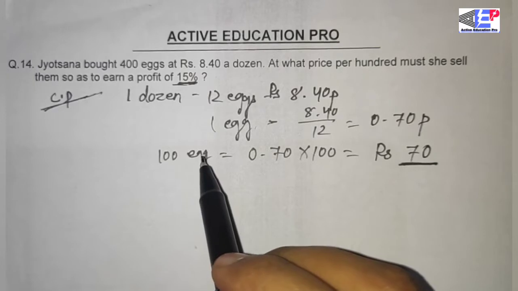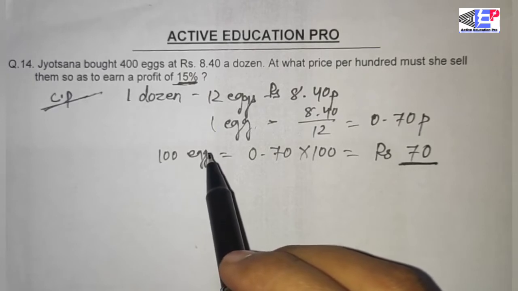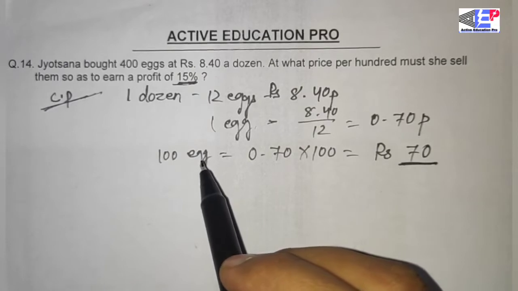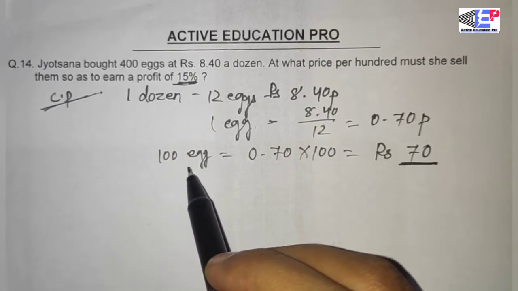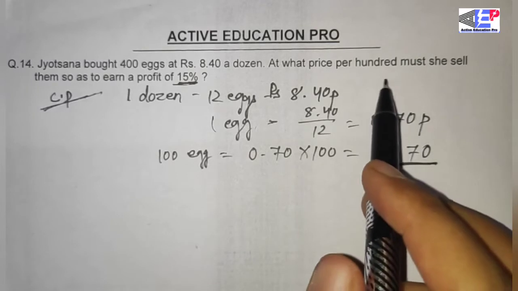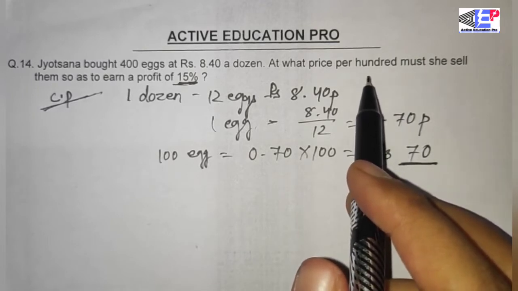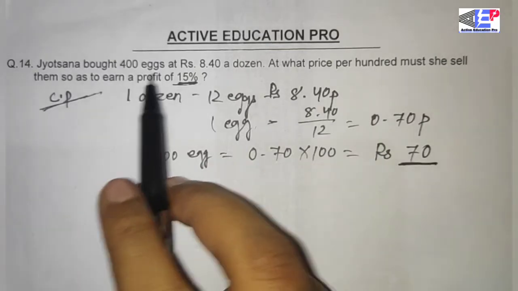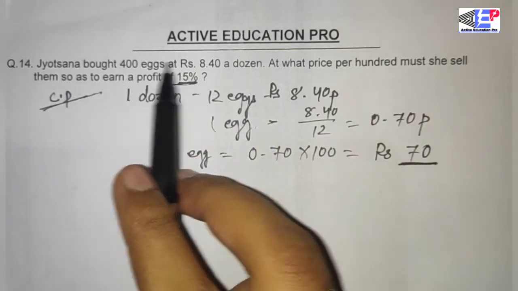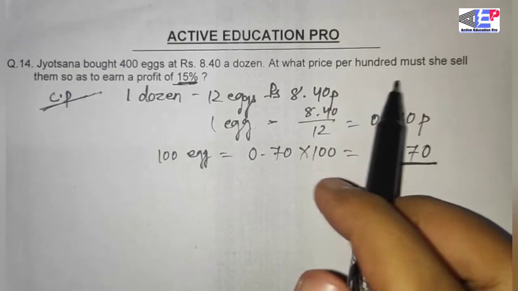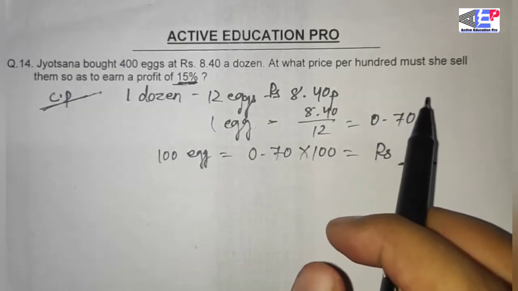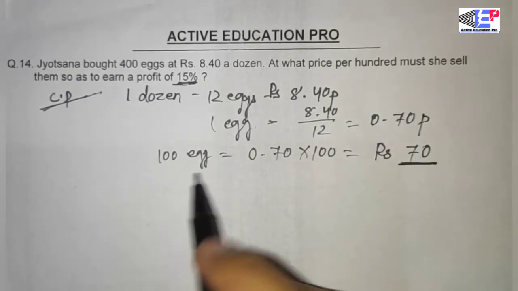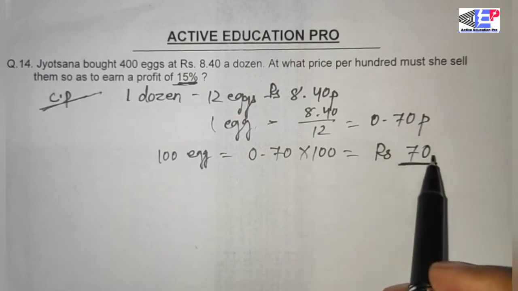If you have a question in mind, why do I find the cost price of 100 eggs first? Because the question is to find the selling price of 100 eggs, not for the total 400 eggs. You have to find the selling price for 100 eggs.